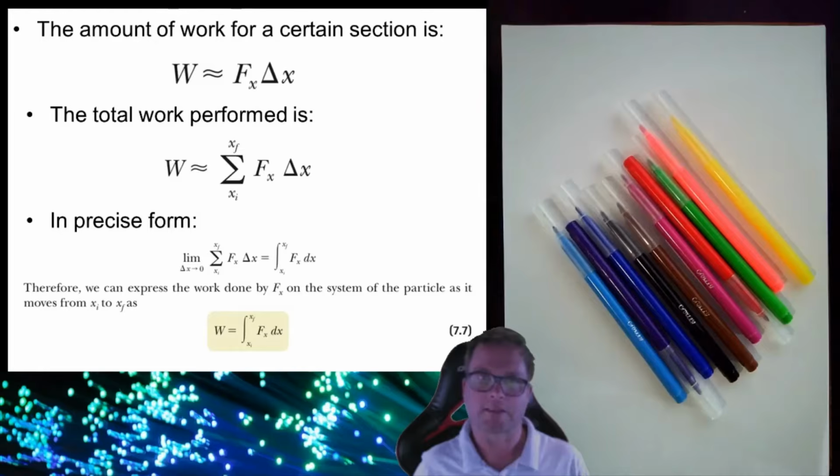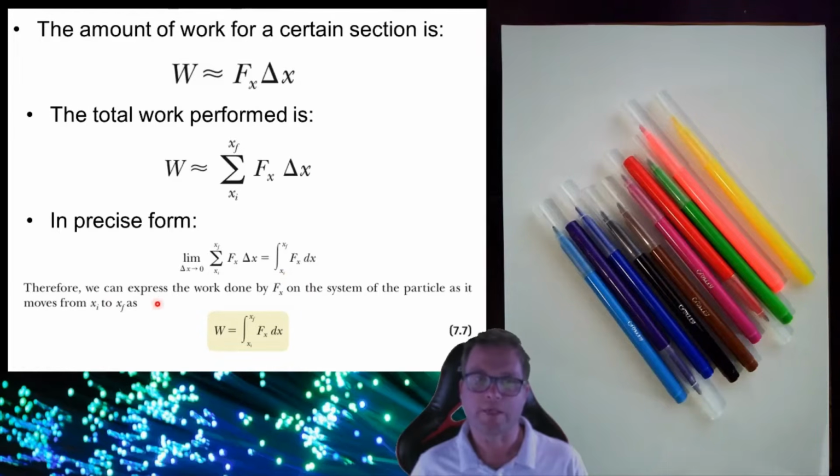And by doing that, it gives us a more accurate answer. And this in fact then gives us this notation here, which refers to the integral. So adding up all the blocks in the limit is equivalent to calculating the integral.